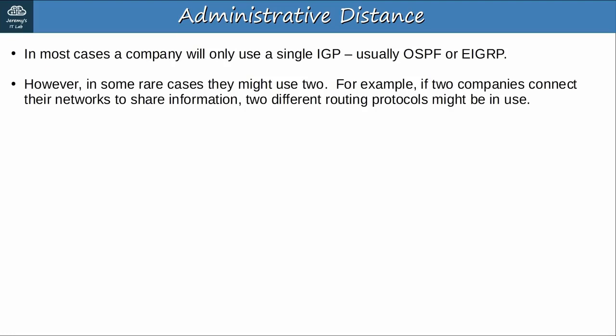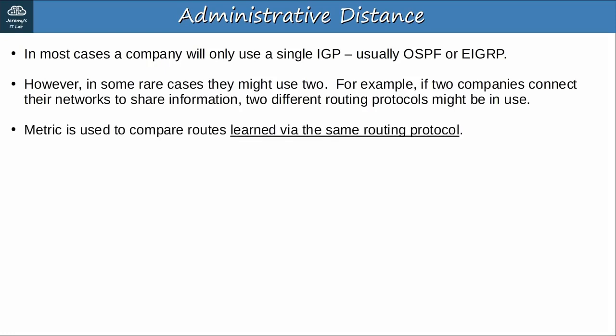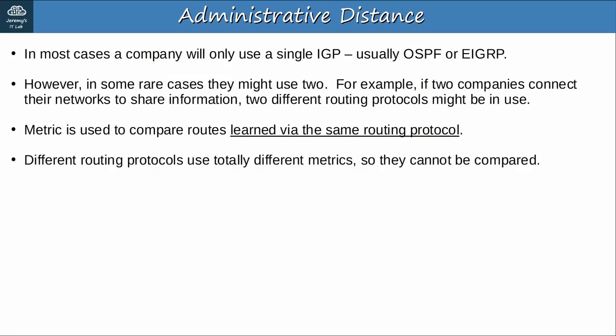You might connect a network running OSPF to a network running EIGRP. Metric, which I just showed you, is used to compare routes learned via the same routing protocol. If a router learns two routes to the same destination via OSPF, it uses metric to choose which route is better. However, different routing protocols use totally different metrics, so they cannot be compared.